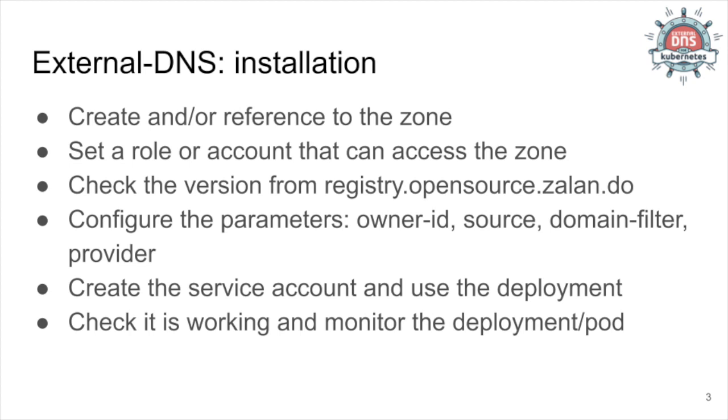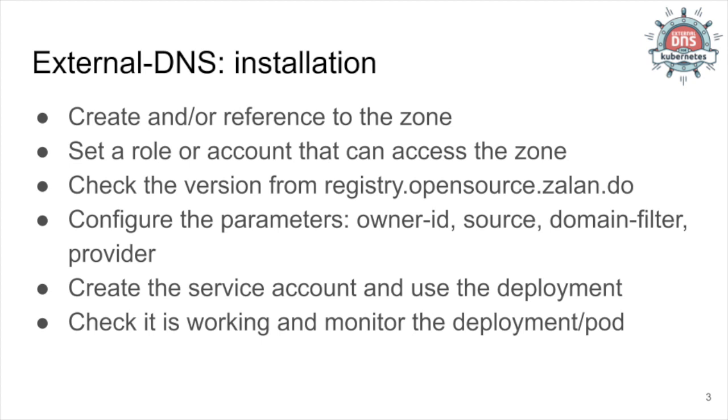Once you have all that, you would configure the service, and in order to do that, you choose the domain, the source you want to use, if it's an ingress or a set of resources, the owner ID you want to rely on, and the provider you want to connect to.